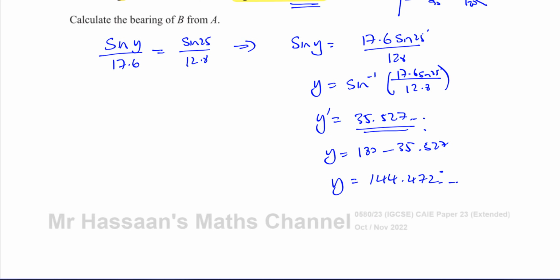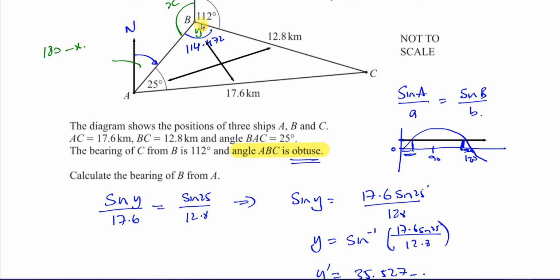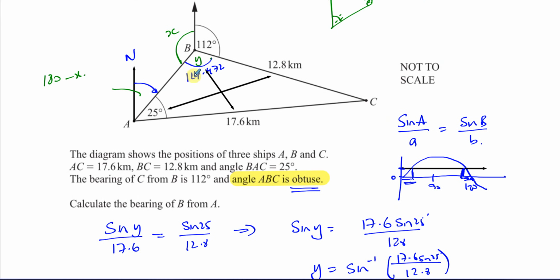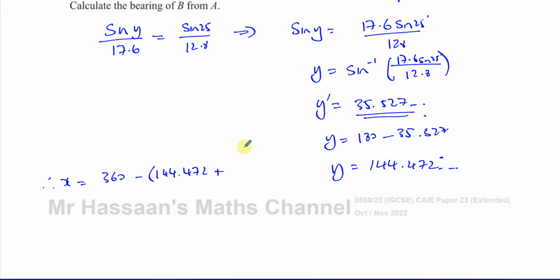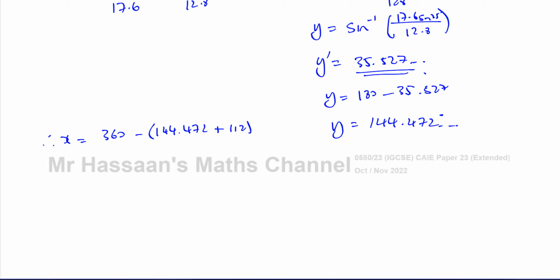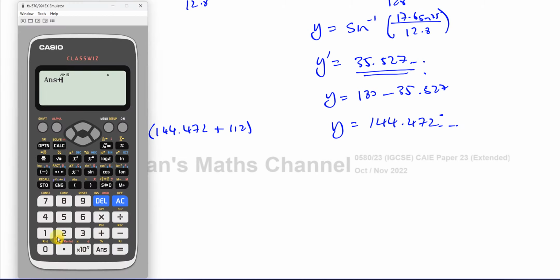So the angle that we've written down as x there is 360 minus 144.472 plus the angle that was given there, which is 112. Be careful. Don't write things down wrong. 144 plus 112. So that will give you the angle x. We take this, add to it 112, and then do 360 minus that. And that gives us 103.527.